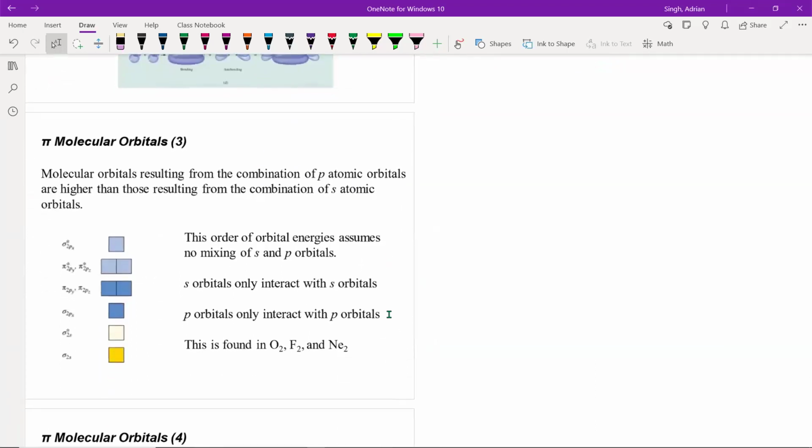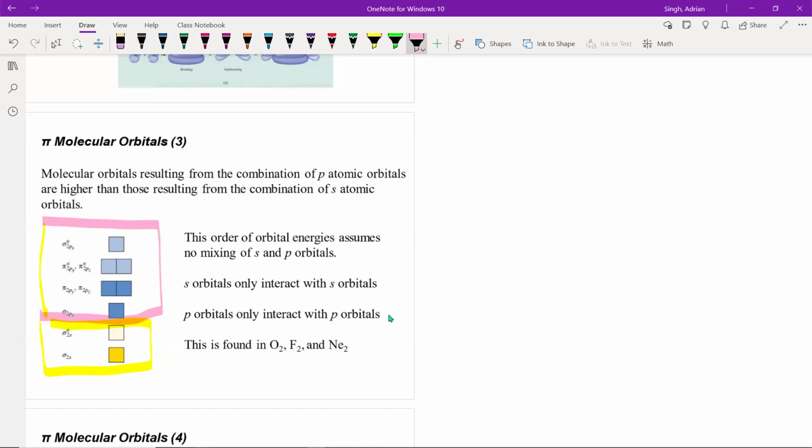So the results from the combination of the p orbitals are higher in energy than those resulting from the combination of the s atomic orbitals. So for instance, if I have a 2s and a 2p that I combine, the energies of the s-derived orbitals are going to be lower than the energies of the p molecular orbitals that result.